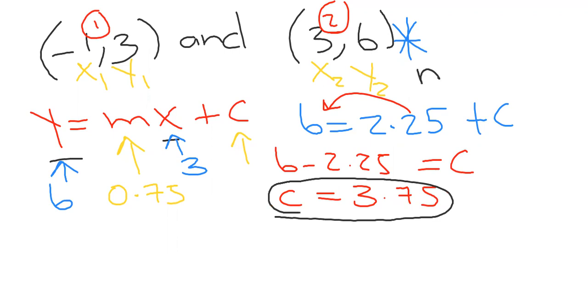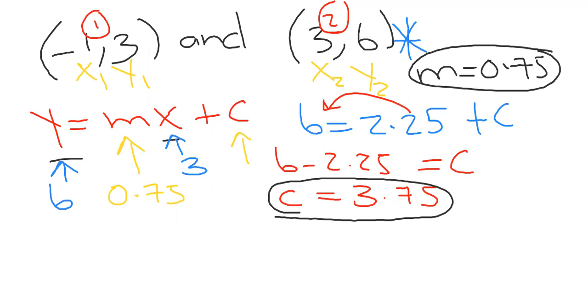Now, you have the value of c. You have your m. M earlier on, we found it to be 0.75. Now, you go back to this equation, y equals mx plus c. And in that equation, to finalize your answer, you are now going to substitute the value of m only and the value of c only.